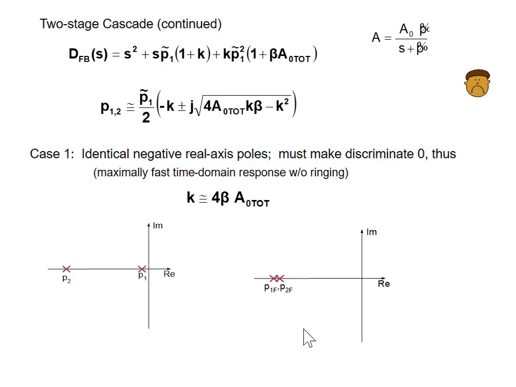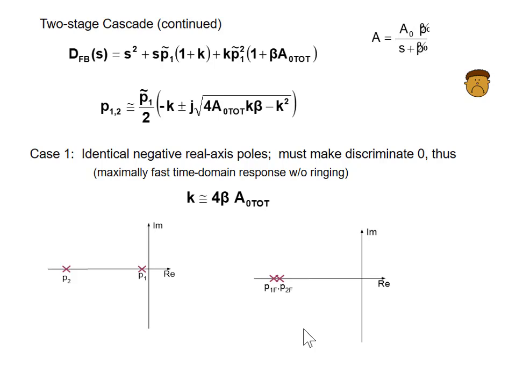So let's look at the condition to have case one, identical negative real axis poles. Here's the poles, and we derive the expression of poles. To put the poles on the negative real axis coincident, we have to make the discriminant 0. Then it'll be plus or minus j0, right? And if we make this discriminant 0, we have 4 A total K beta has to equal K squared.